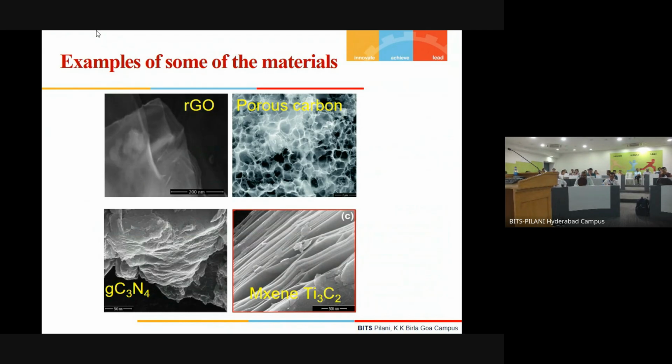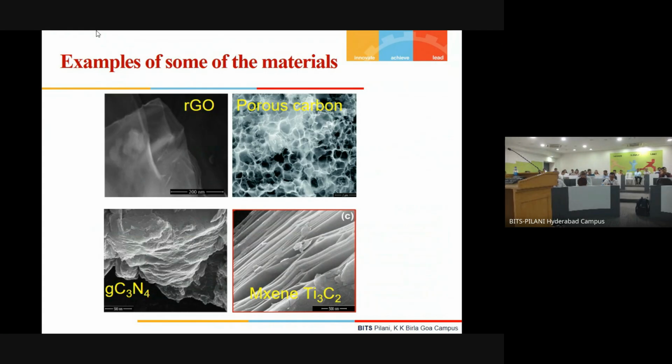We also have graphitic carbon nitride. You know that graphene is like C6H6. Now, if you replace three alternate carbons of this benzene ring by nitrogen, it becomes graphitic carbon nitride, and it is a very layered structure.